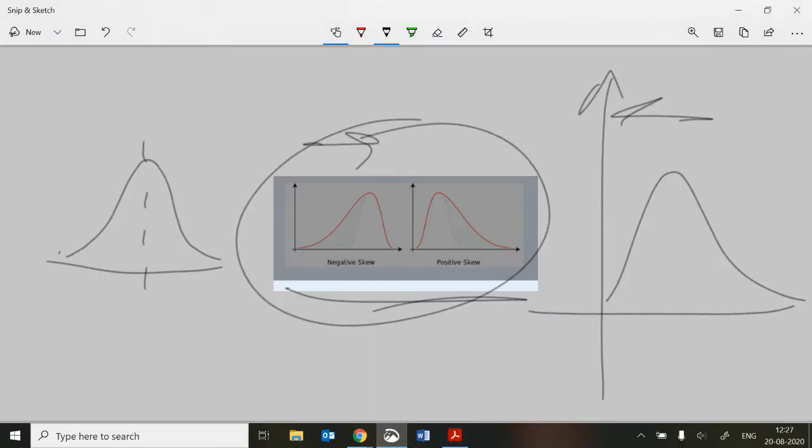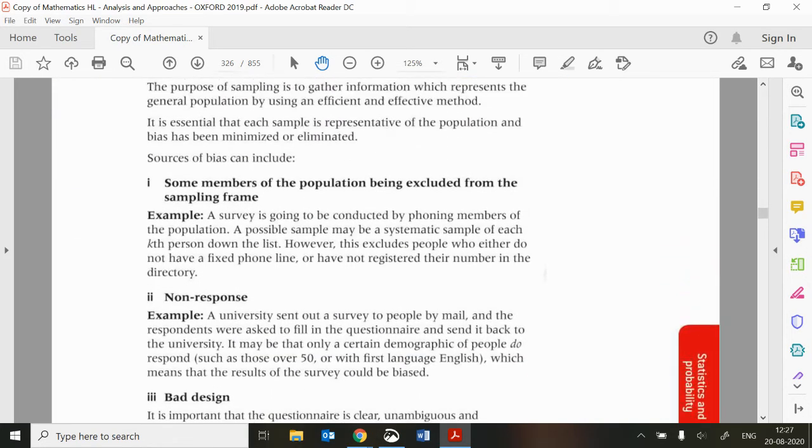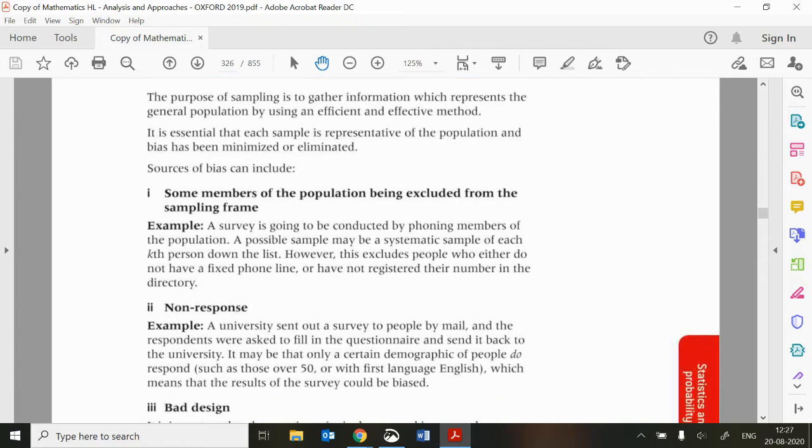But I thought I'd mention this because it's interesting in terms of how to load up your frequencies within the domain. Okay, so let's shift on. We're talking about sources of bias next.